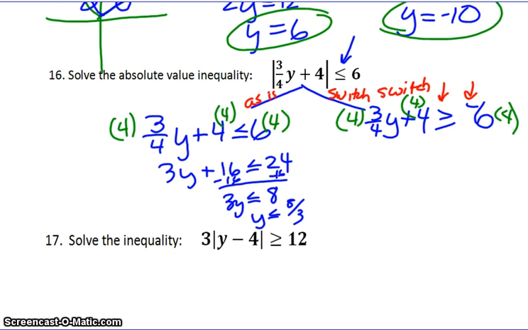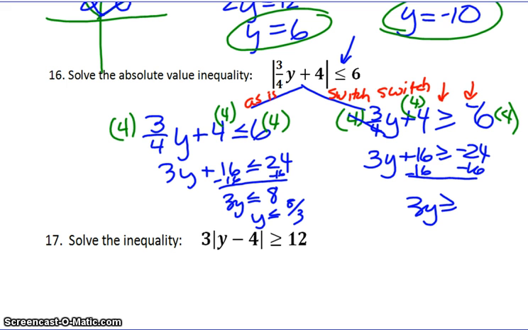So now we're going to have these cancel out. 3y plus 16 greater than or equal to negative 24. So now I'm going to subtract 16 from both sides. And now 3y is going to be greater than or equal to negative 40. And y would be greater than or equal to negative 40/3.